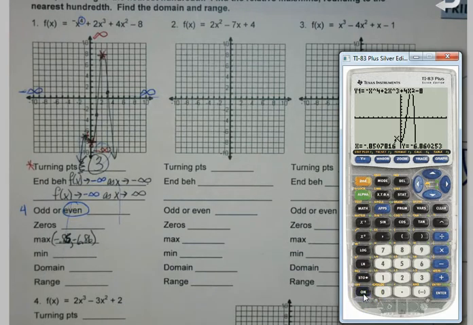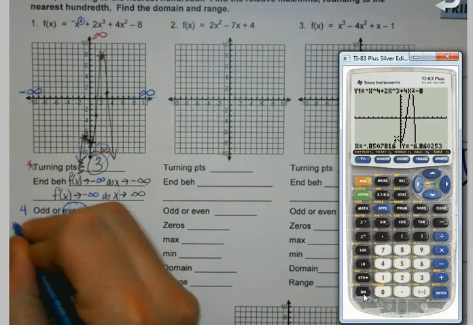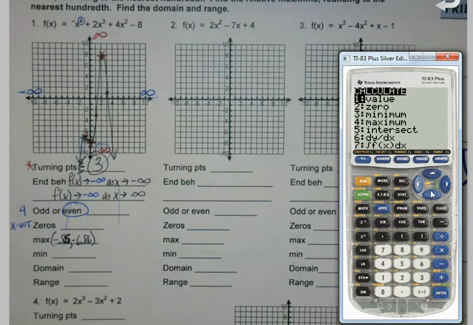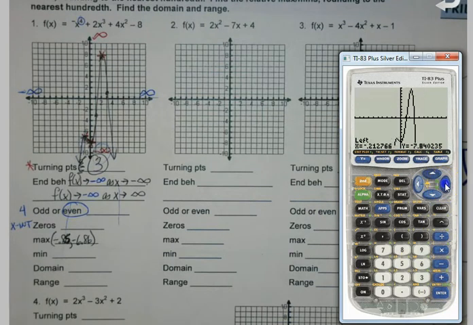Zeros, remember, are just a fancy way of saying x-intercepts. So I look and I see 2 of them. There's one here and one here. So I need to find those. Like we did before, back to the calculate menu, we want a zero. We're going to trap it. So bring my cursor over.